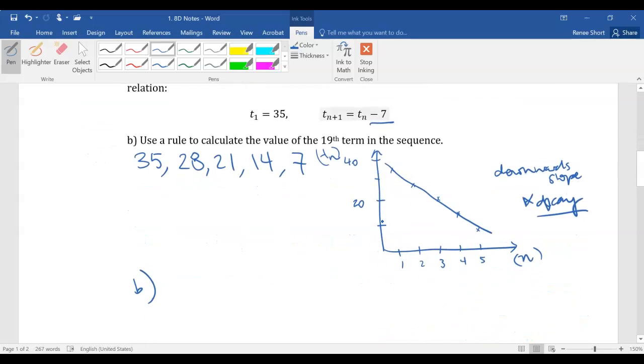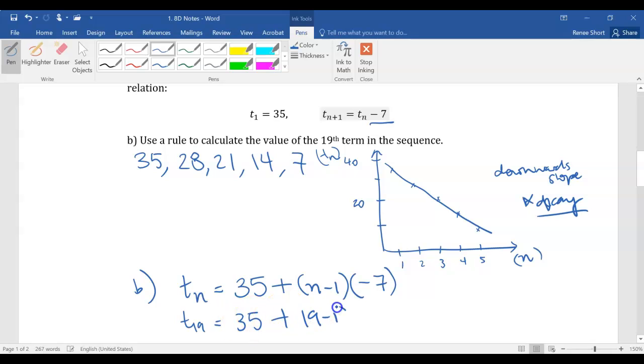I could rewrite this rule in terms of just Tn, and remember, that becomes 35 plus n minus 1 times that D value, in this case negative 7. So if I did this for T19, I get 35 plus 19 minus 1 times negative 7.